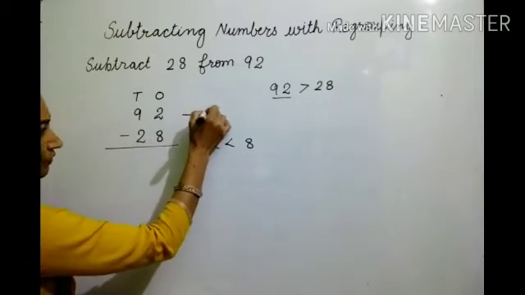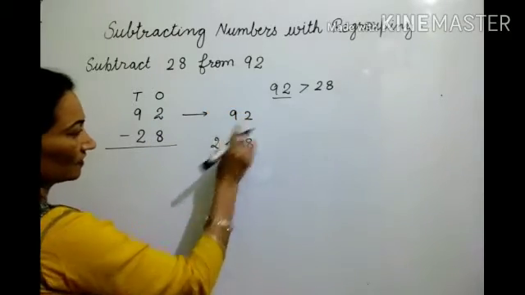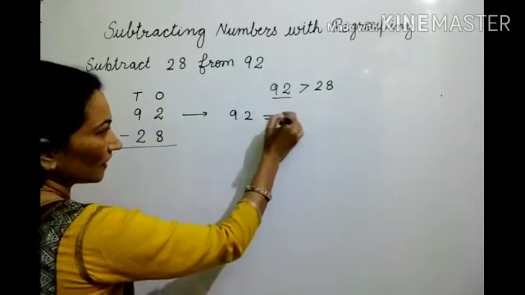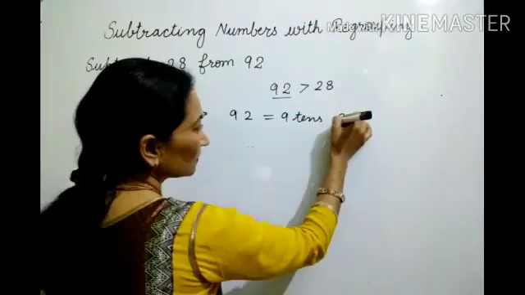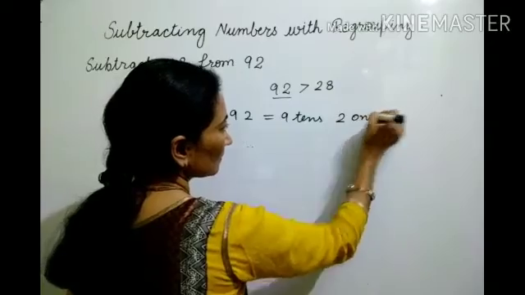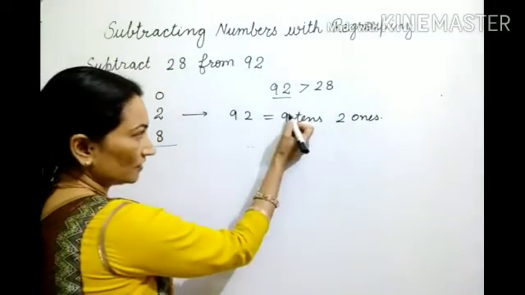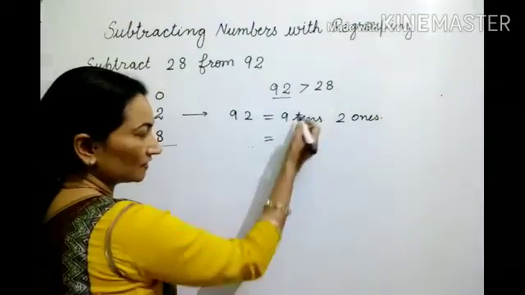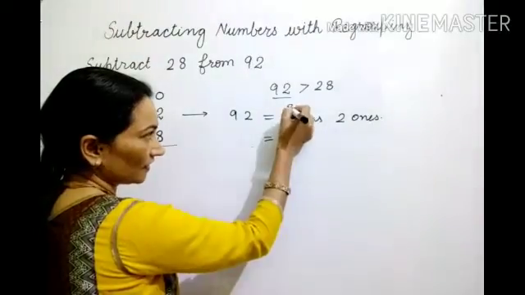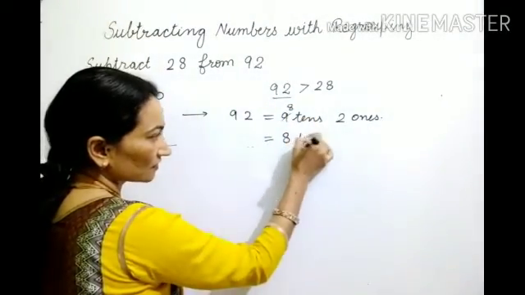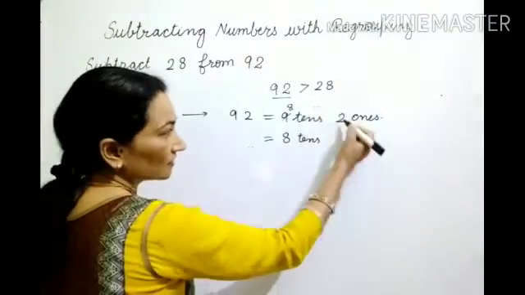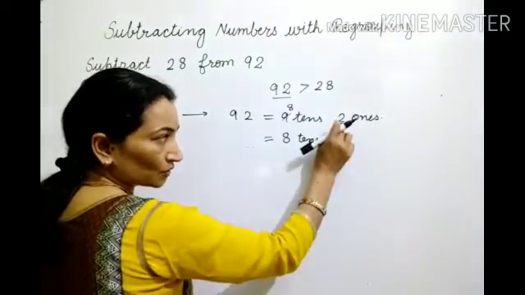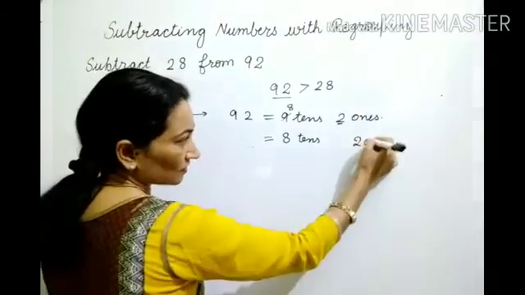In 92, there are 9 tens and 2 ones. If we give 1 ten, then 8 tens are left, and we are giving it to the 2 ones.